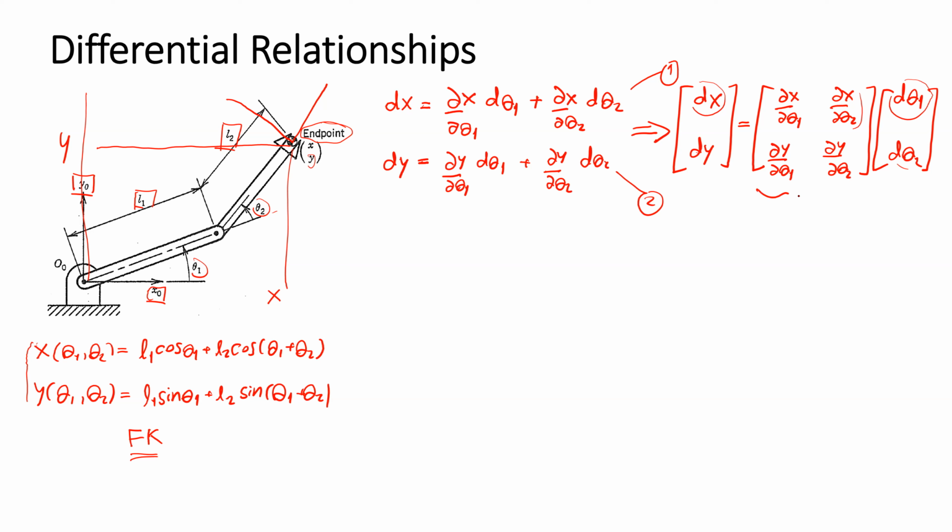So this is the Jacobian matrix. The Jacobian matrix describes the relationship between the endpoint coordinates and each joint coordinate.